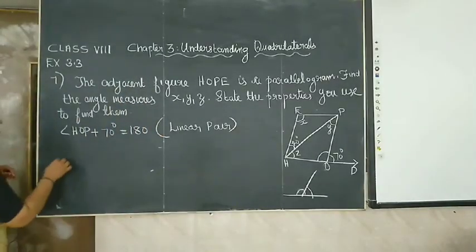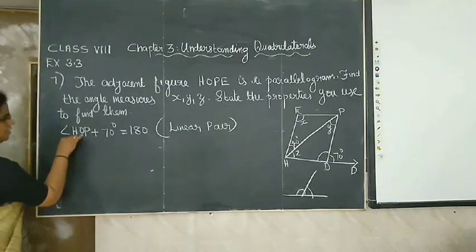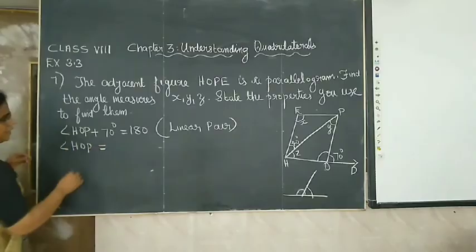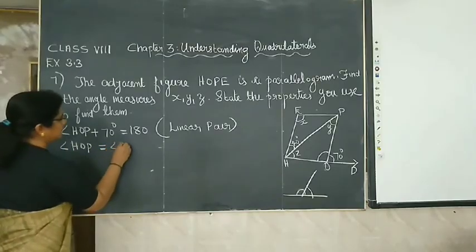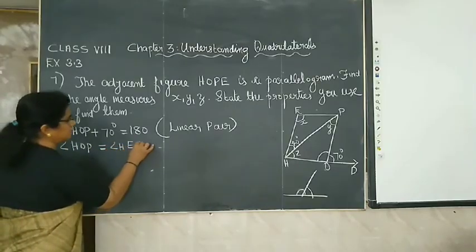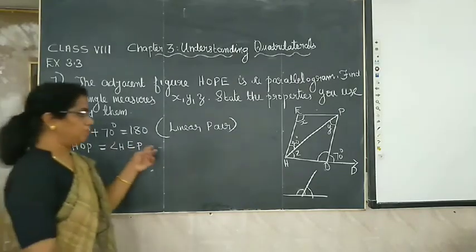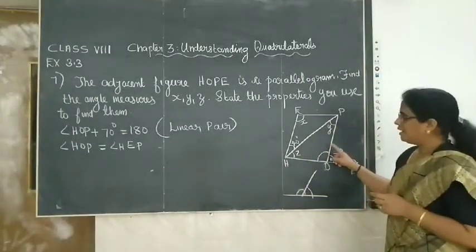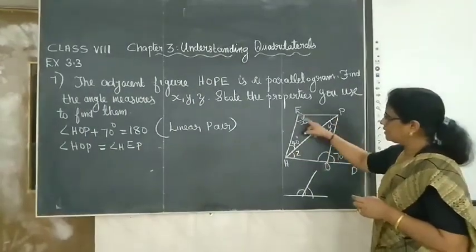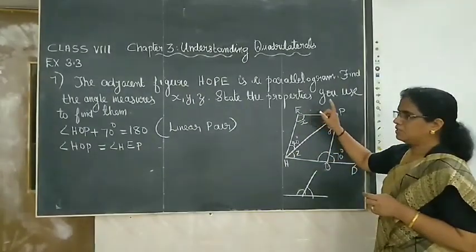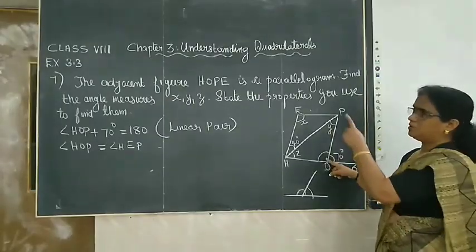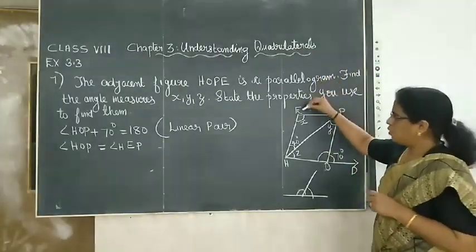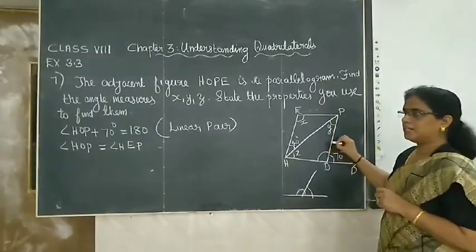Now next we can write angle HOP equal to angle HEP. Angle HOP means this angle, and HEP means this angle. So these two angles are equal because it is given that it is a parallelogram, and in a parallelogram, opposite angles are equal.